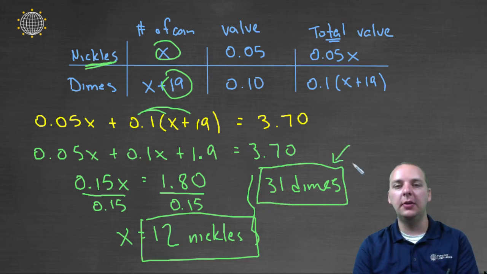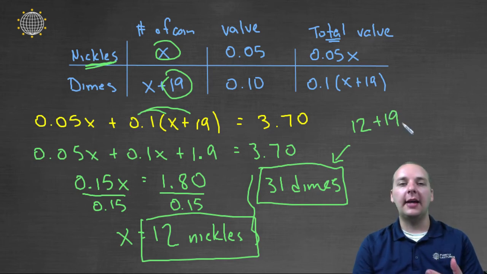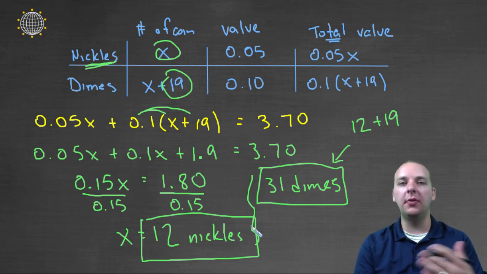And again, just to be clear, the 31 is coming from 12 plus 19. Now, if they had asked us how many coins there are combined or something like that, we would have needed to add these two quantities, or they could have asked us a whole host of other types of questions, but we answered the question that they actually posed.